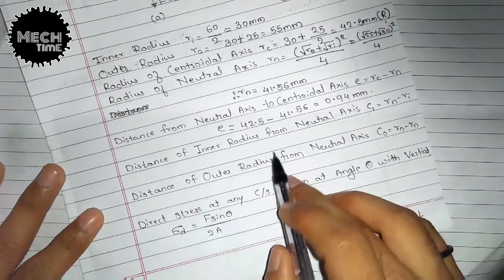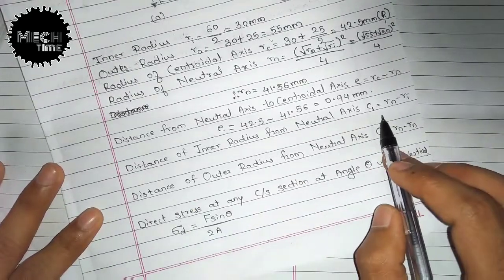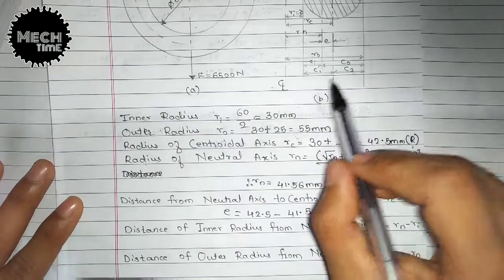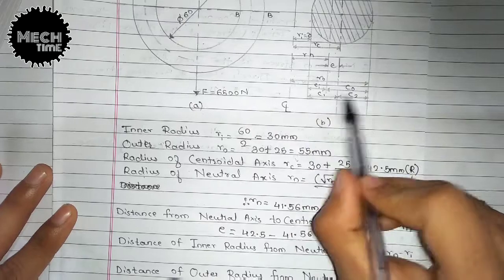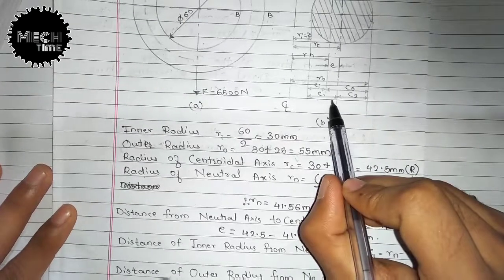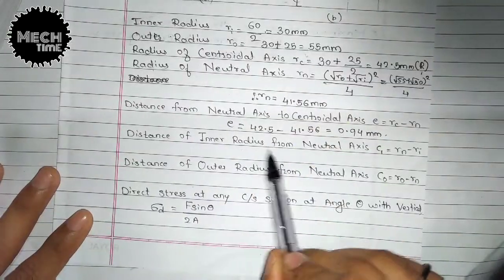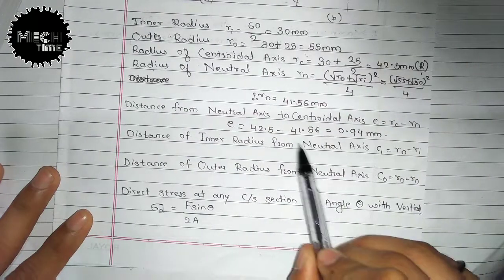Now the distance of the inner radius from the neutral axis, that is Ci. You can see here this is the inner radius, this is the outer radius, and here is the neutral axis.